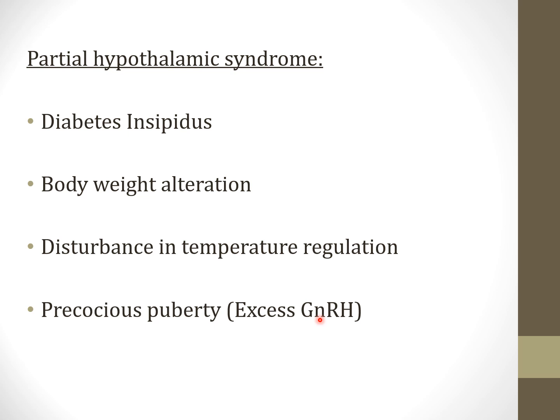Puberty is attained even at an early age due to excessive gonadotropin releasing hormone, due to any tumor in the gonadotropin releasing hormone area or in that part of the hypothalamus. There's excessive secretion of GnRH. This causes a very early stage of puberty, even at the age of maybe 6 to 7. This is called precocious puberty.